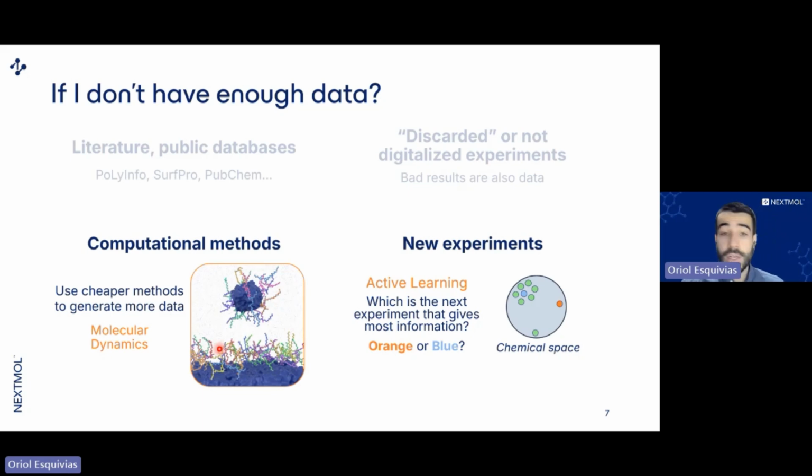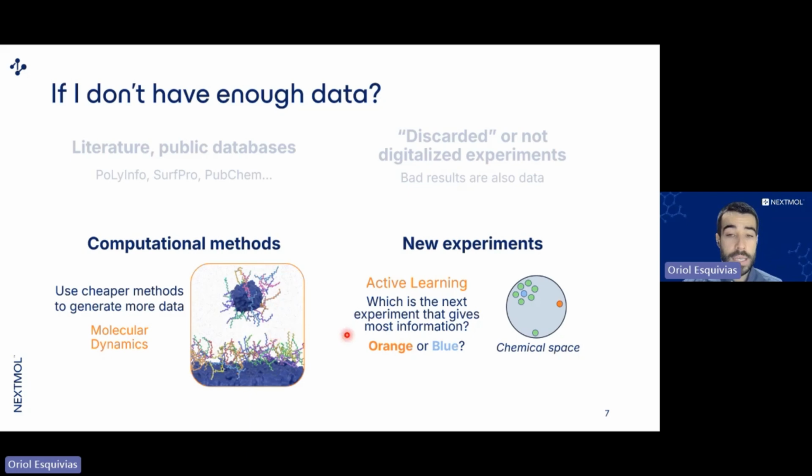Also, you can go to the lab again and do new experiments. But what you can use is a machine learning approach called active learning. What active learning basically does is tell you which is the next experiment, or which is the next region, that you should explore to gain the most information.